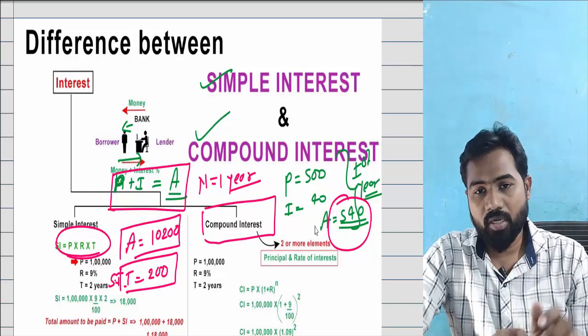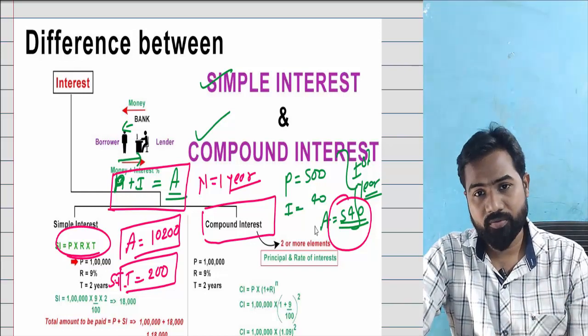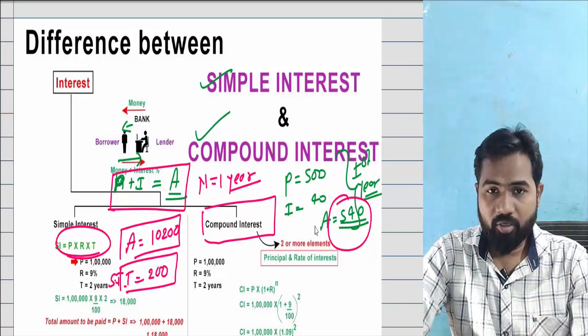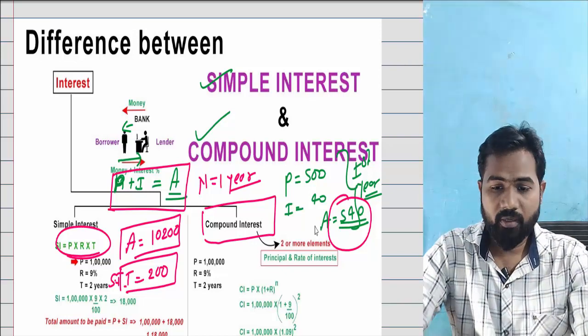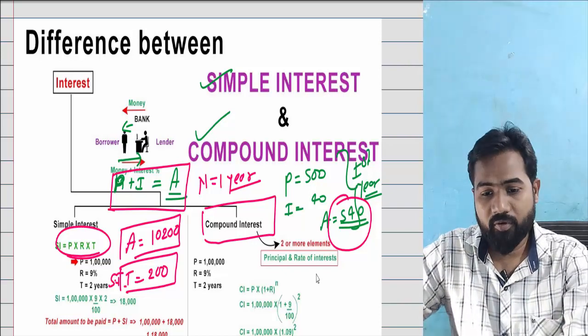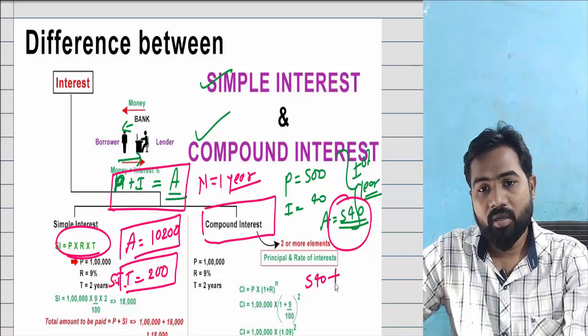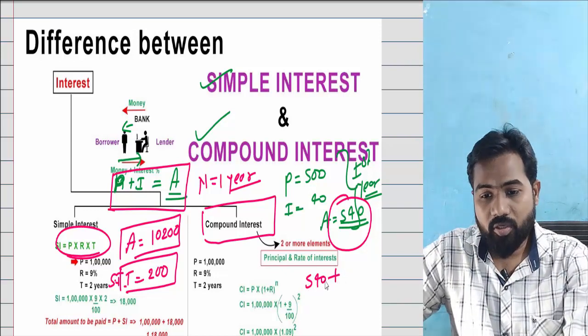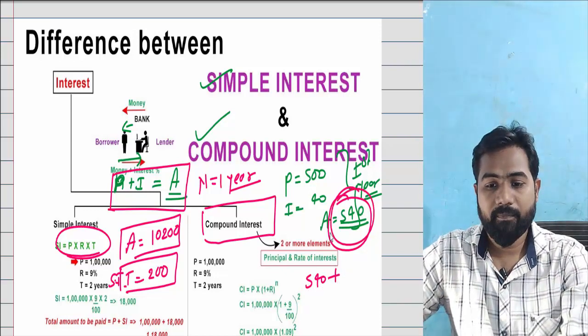It means now again the bank will notify you. You have to pay this 540 after 1 year, but you are failing to pay 540. Now you have to pay the interest rate charged on 540.